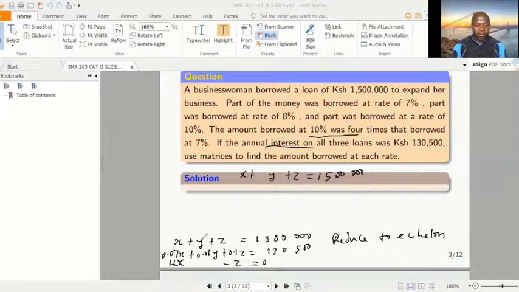And then y times 0.07, you get 0.07. Subtract that from 0.08, and what you get is 0.01. Now z times 0.07, subtract from 0.1, you get 0.03.